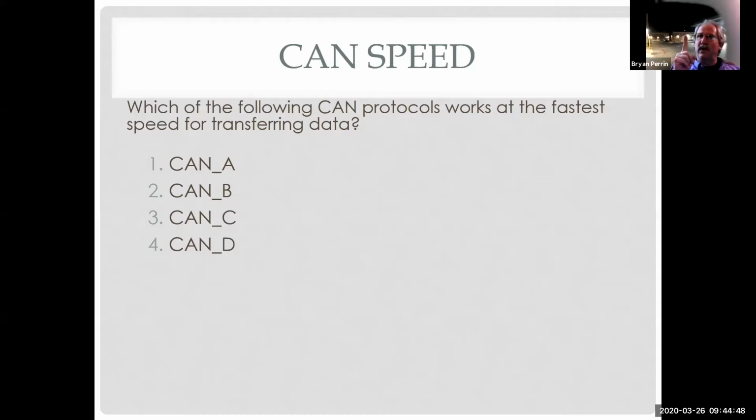I was tracing 1 wire the whole time. So that one, not so much. Apparently I lost everybody but 1 person on that. So Class 2 is a single wire network, just like a lot of CAN A is a lot of single wire networks. Not all networks are 2 wire.